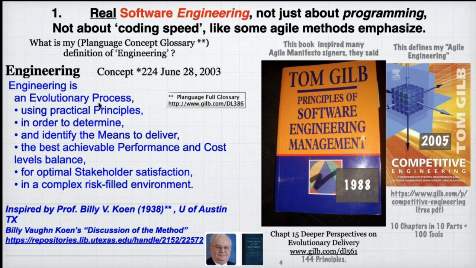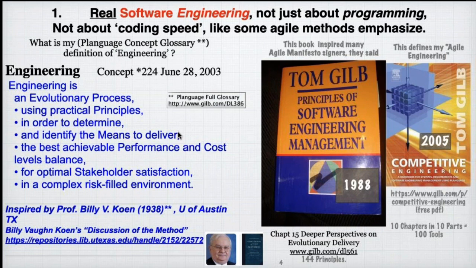Engineering is an evolutionary process using practical principles. Notice it says principles of software engineering management here. And there are 144 of them, somebody counted. In order to determine and identify the means to deliver. Synonyms for means to deliver are design, architecture, strategies.